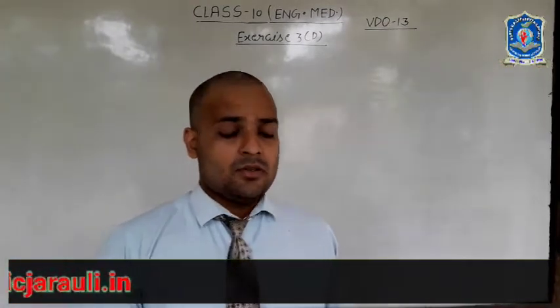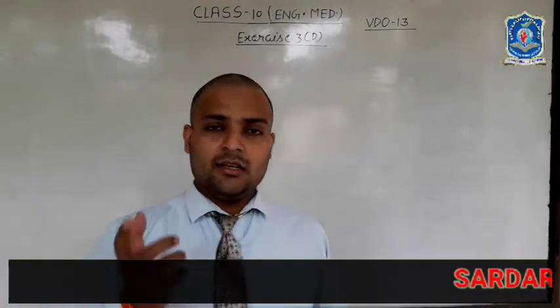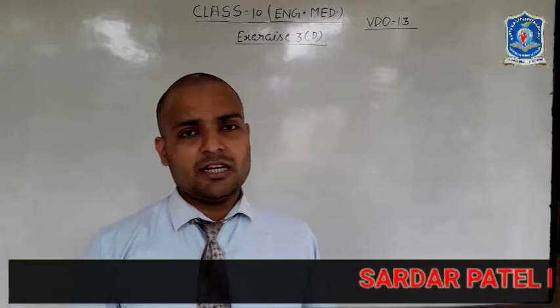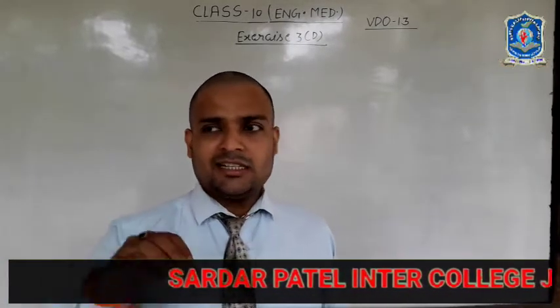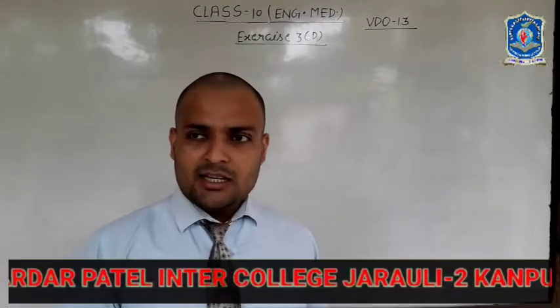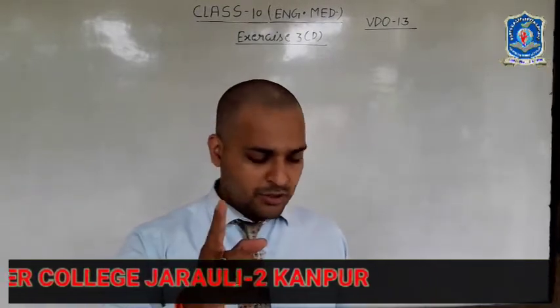In this question you have to compare a1 by a2, b1 by b2, c1 by c2. You know all the conditions I have told you: in which condition lines intersect, in which condition lines are parallel, in which condition lines are coincident. I have told you that.